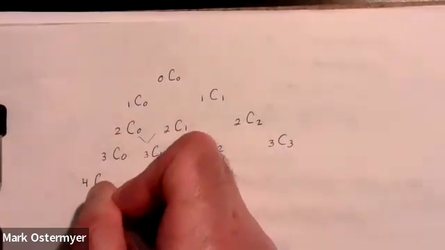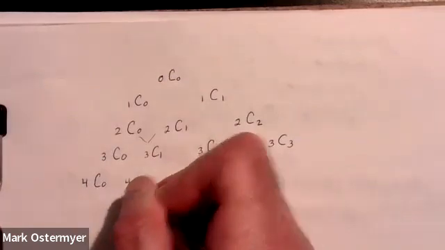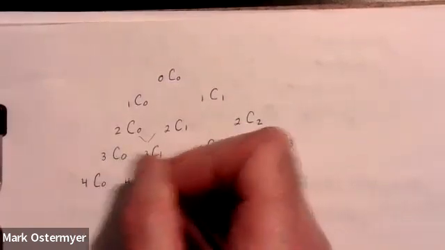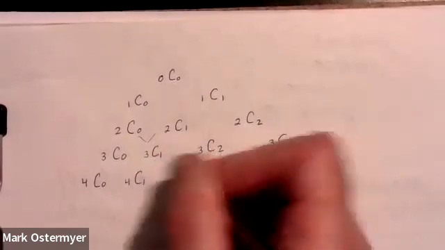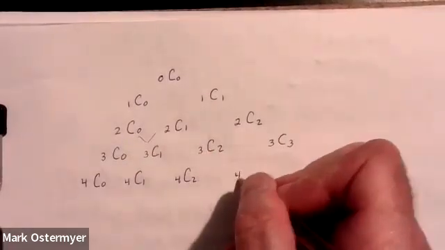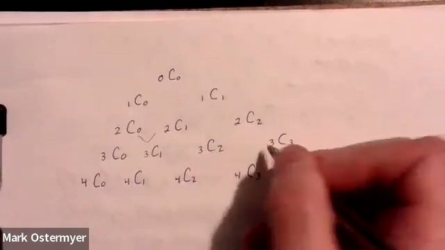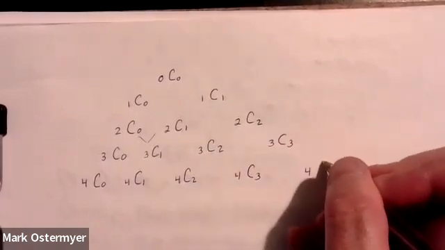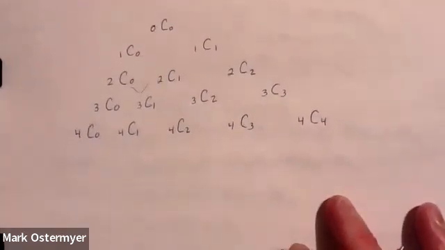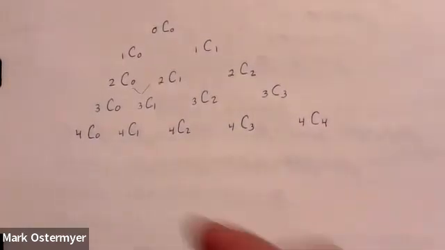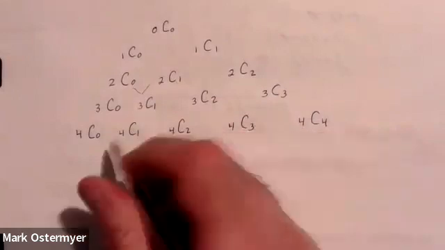4 in combination with 0, 4 in combination with 1 is the sum of these two. 4 in combination with 2 is the sum of these two. 4 in combination with 3 is the sum of these two. And finally, 4 in combination with 4. So it's the combination function that generates the numbers in Pascal's triangle. You can continue to go onwards here.